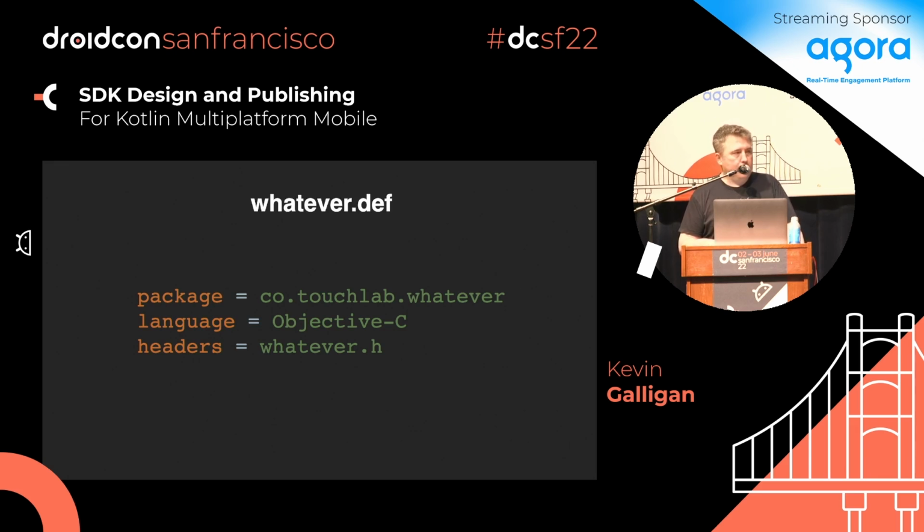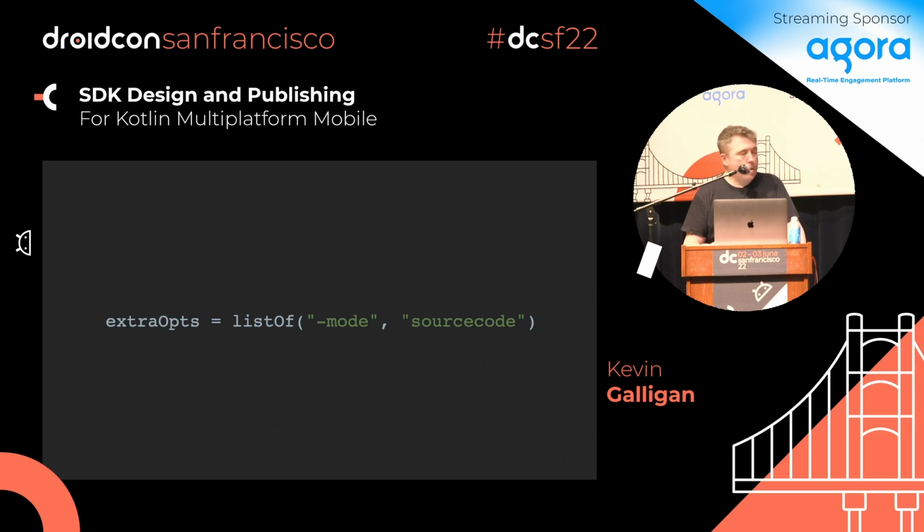The only bit of minutia I'll throw out there is a tip. C interop doesn't generate Kotlin. It generates Kotlin binary representation that the IDE understands, the compiler understands, but you probably will not. So if you want to debug what's happening with C interop, you can pass this in. It'll generate Kotlin. I've never got that Kotlin to then work and be compiled. You have to turn this off when you're done debugging.